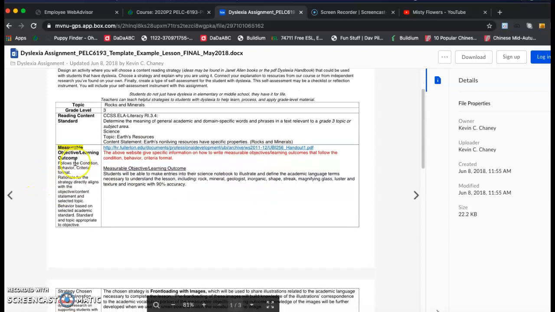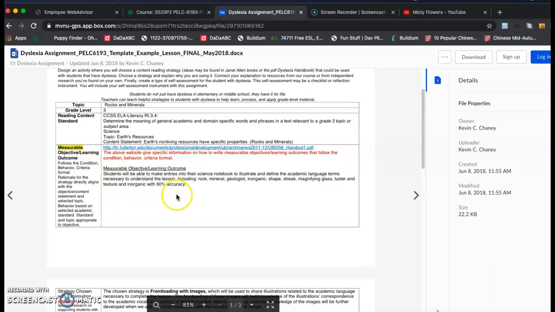Now the next area of this lesson plan is a measurable objective or learning outcome. This is an example of a measurable objective.